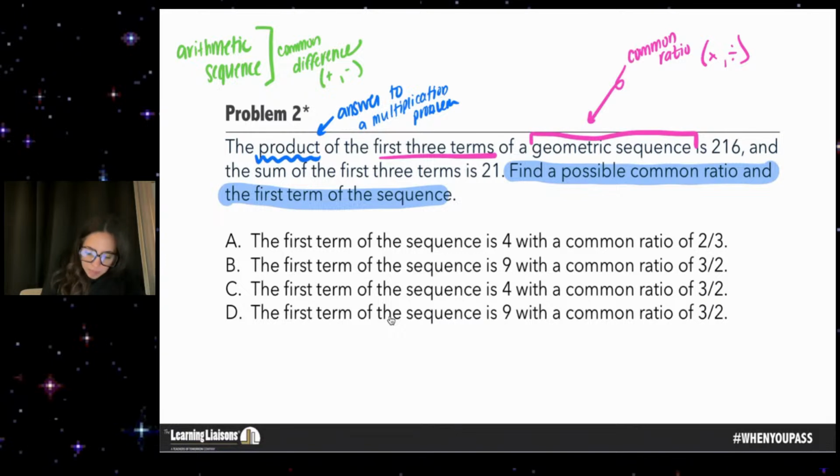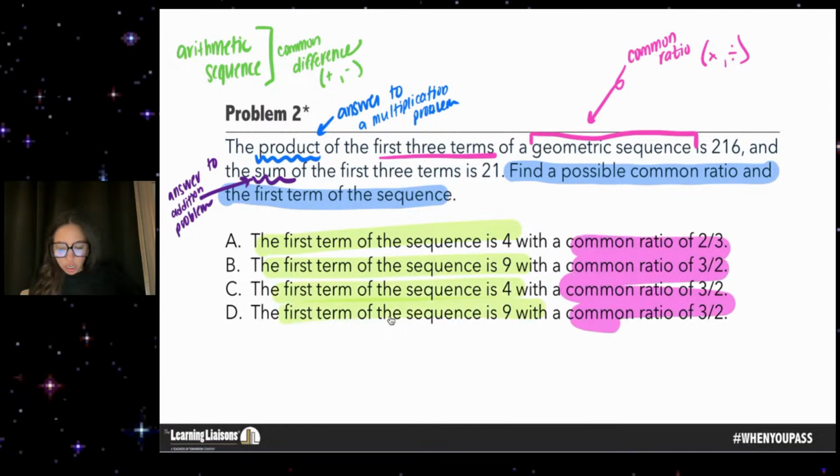And sum is the answer to an addition problem. The product of the first 3 terms of a geometric sequence is 216. Well, look at your answer choices, y'all. They give you the first term and they give you the ratio.